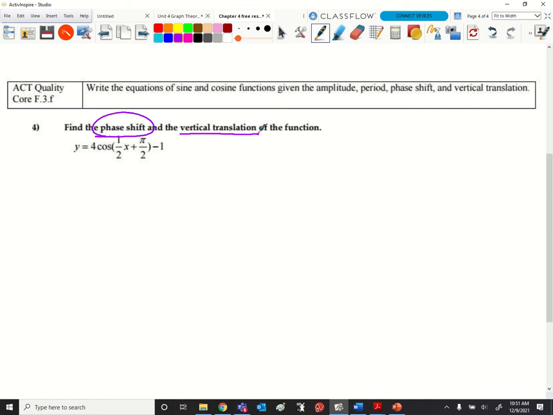So phase shift, negative d over b. So it's negative, parentheses. Now my d value is a positive pi over 2. And my b value is 4? Wait, no. 1/2? Yeah, it's 1/2. Very good.